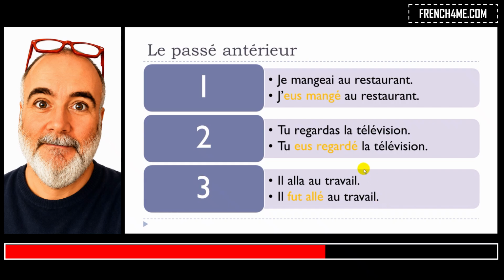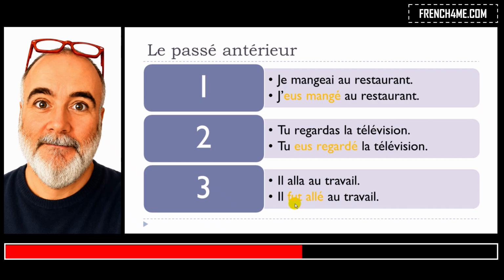And if you take the time to look at these forms, you can spot and you can see that we've got two parts. So it means that it is a compound tense, okay? And then, as usual in French, when we're talking about compound tenses, then the second part here is always the same. It's le participe passé, so this past participle. Okay, so manger will become mangé, regarder, regardé, aller will become allé. Okay, and the first part here, as usual in French, we will use whether avoir or être.